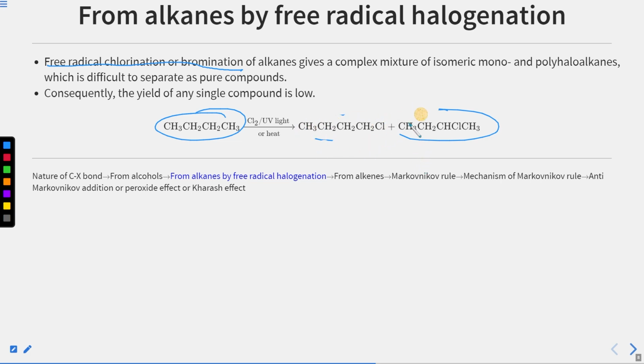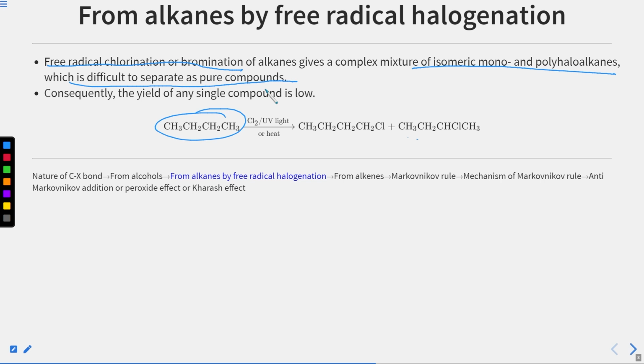So the two possibilities are, well, there are more than two possibilities. Of course, there are many possibilities, and this halogenation in the presence of UV light gives us a mixture of monohaloalkane and polyhaloalkane, which is very difficult to separate as pure compounds.